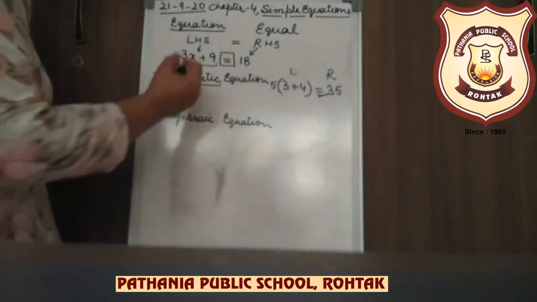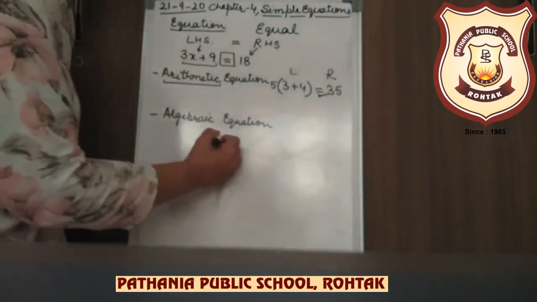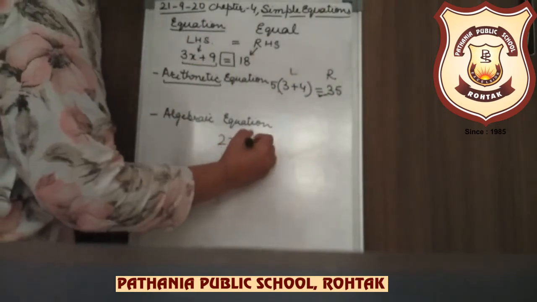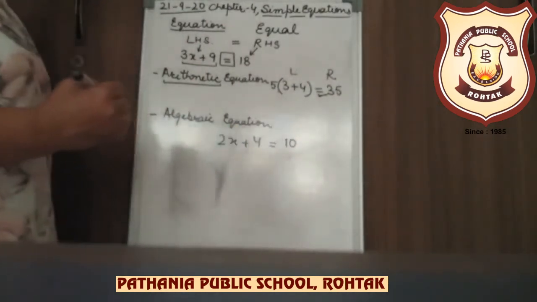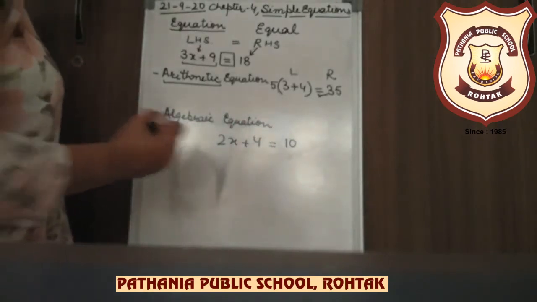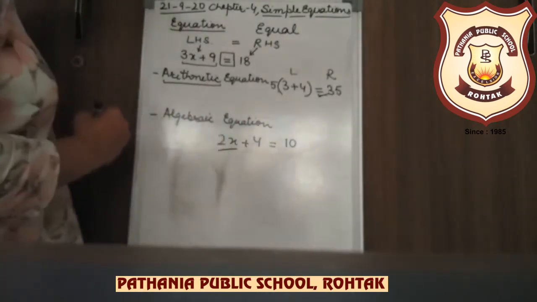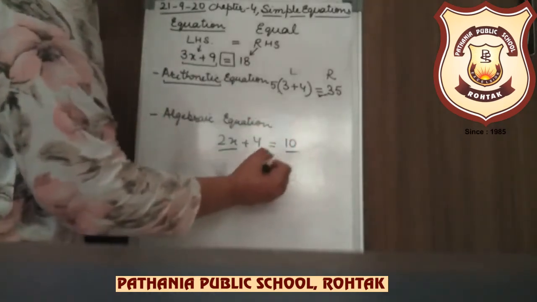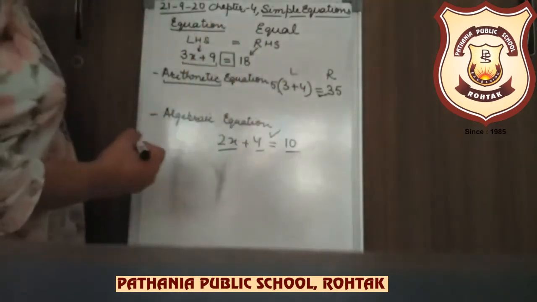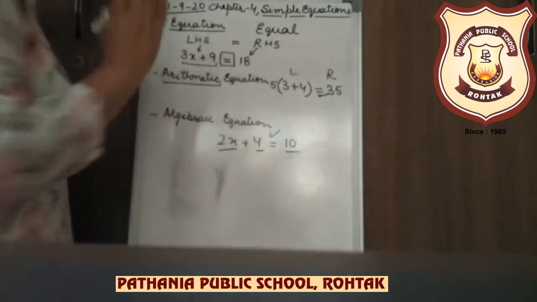But if I write 2x plus 4 is equal to 10, this is an algebraic expression, this is your constant, and this is also a constant, and this is the sign of equality. This is your equation.